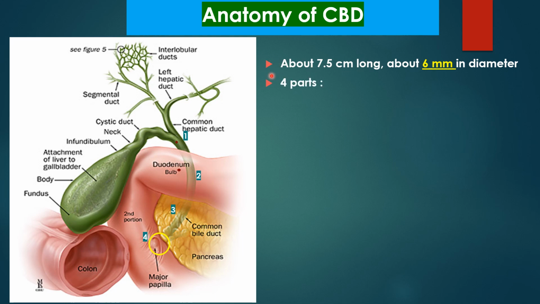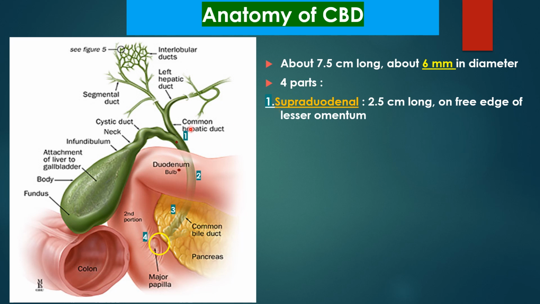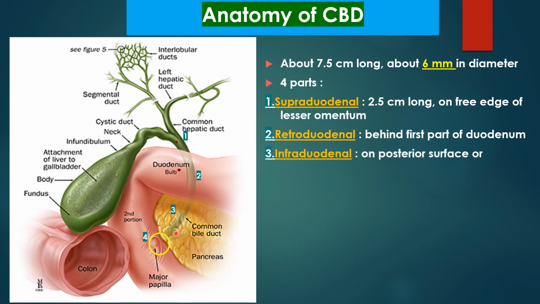Okay, the first part is known as the supraduodenal part, above the duodenum, where it is formed. It's about 2.5 centimeters long. The second part is the retroduodenal part, behind the first part of the duodenum. The third part is the infraduodenal or transpancreatic part on the posterior surface of the head of the pancreas.